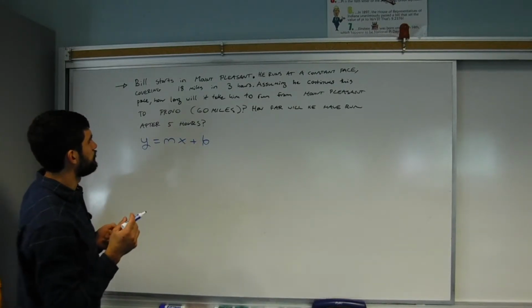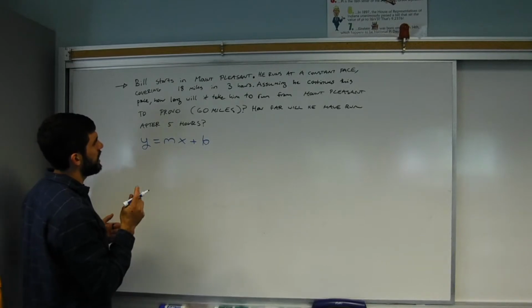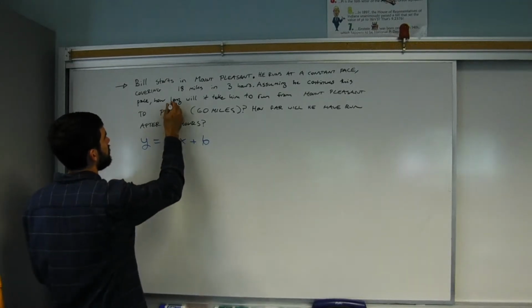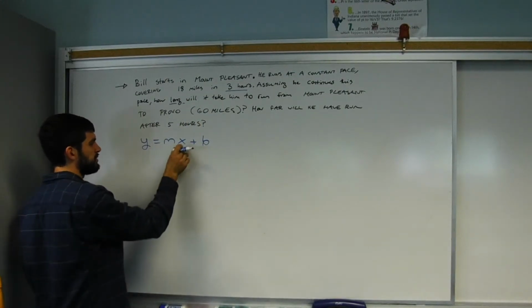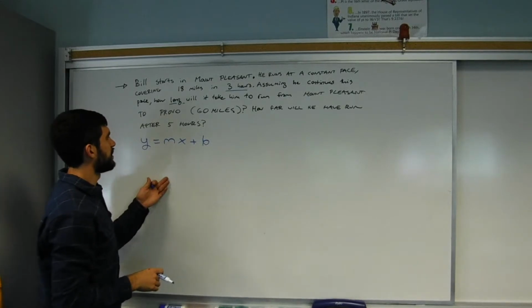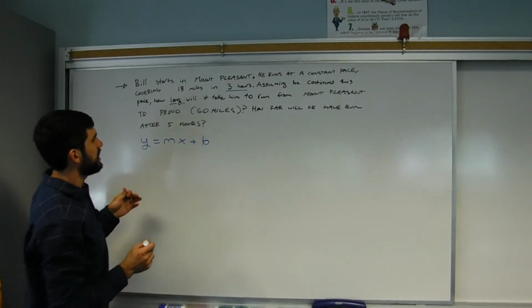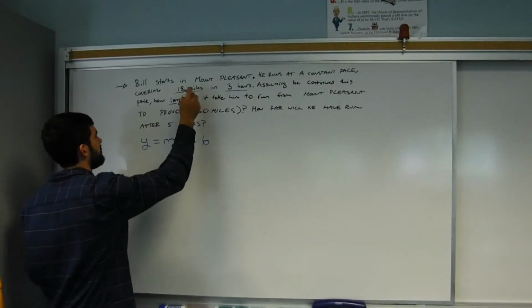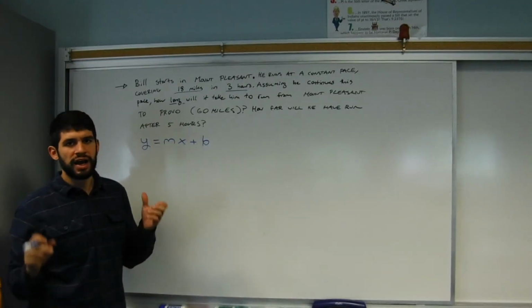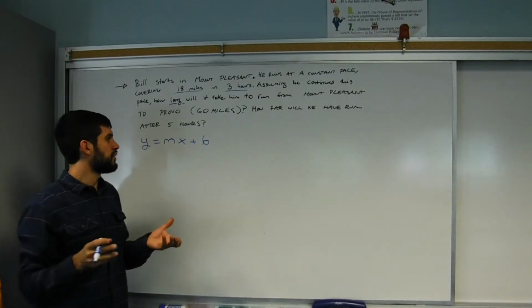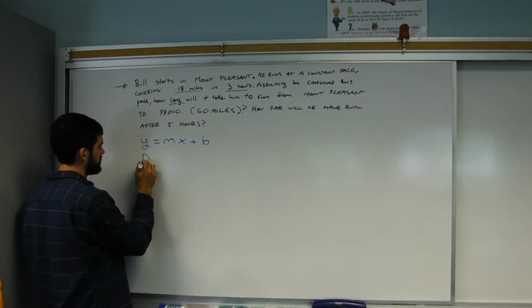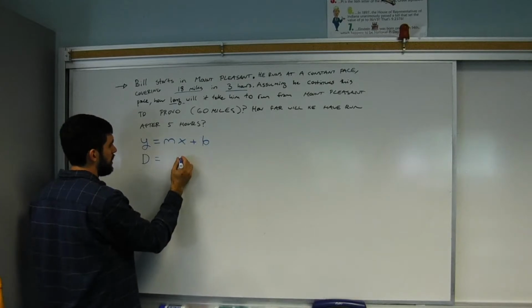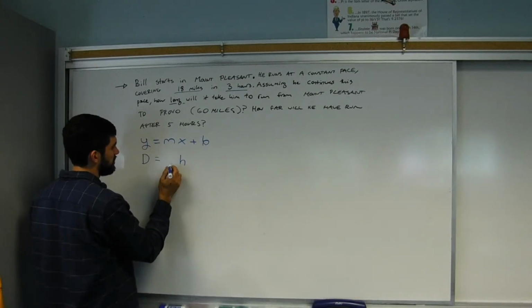So what I'm seeing is that we have time as one of our variables. How long will it take him? And if we recall, time is almost always our independent variable. And in this case, it's going to be his distance that depends upon how much time he runs for. So I'm going to model y as our distance, our dependent variable, and h is going to be how many hours he runs.